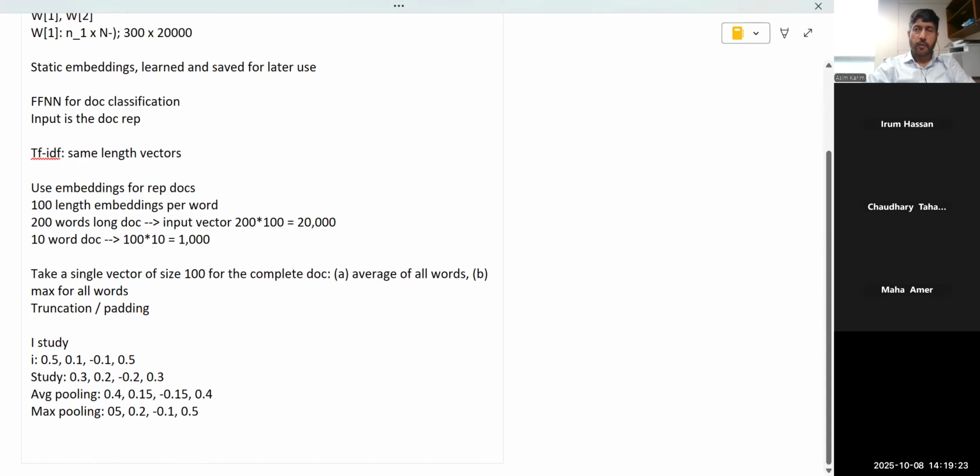So these are very simple ways of ensuring that we can use a feed-forward neural network given documents are represented by embeddings. There are more sophisticated ways as well, जो जिनकी आपको APIs मिल जाएंगी. But later on, we'll also talk about contextual embeddings.